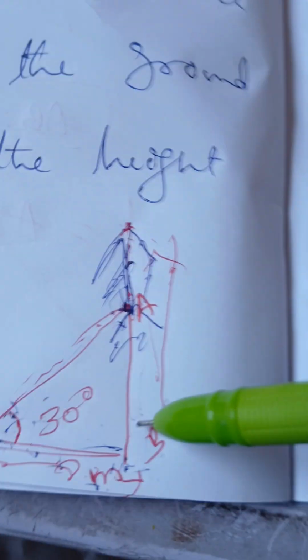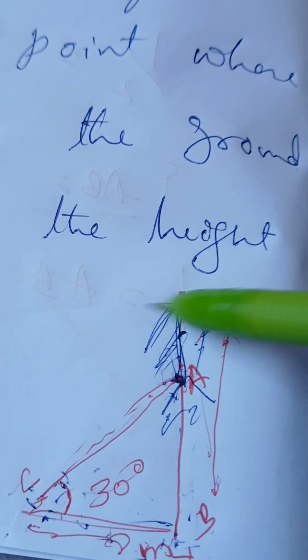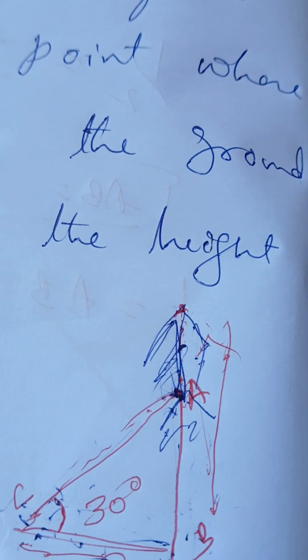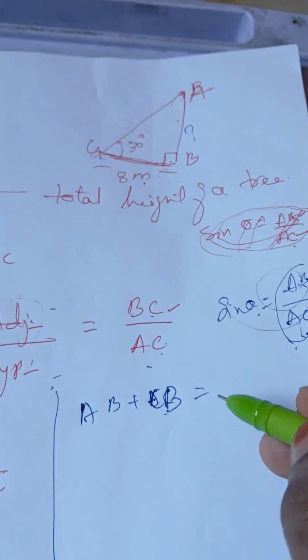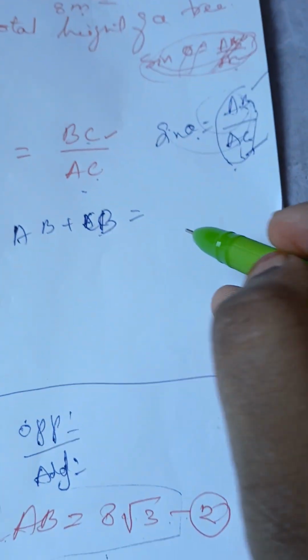The total height of the tree is AB plus the broken part which has fallen down. Together these form the total height. So we have to write the AB value plus the AC value. That gives the total height of your tree. Clear?